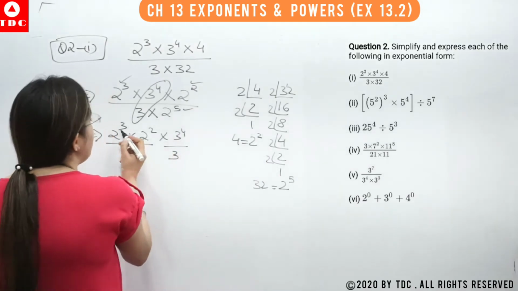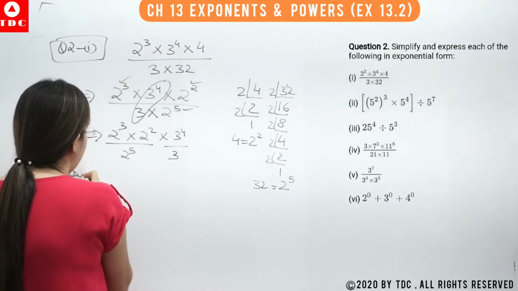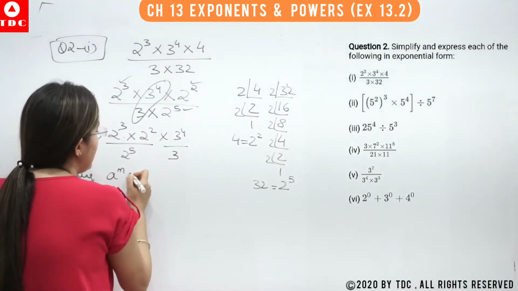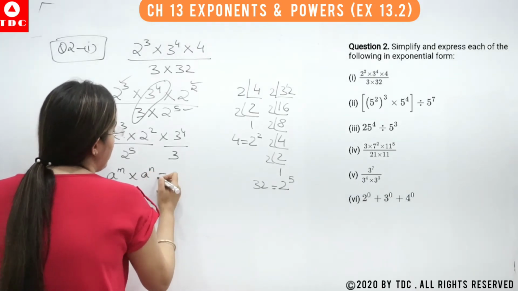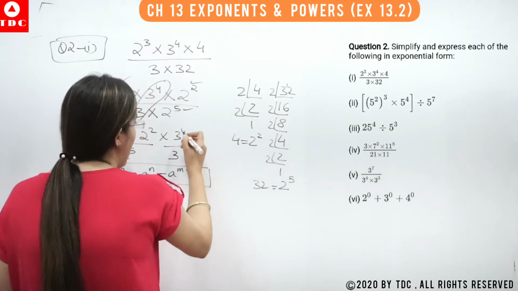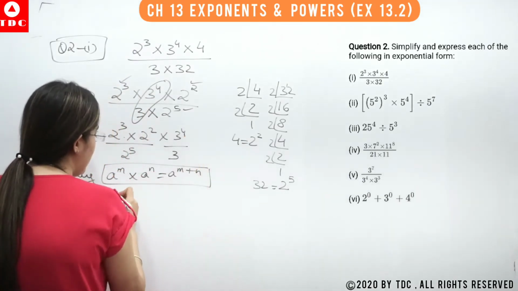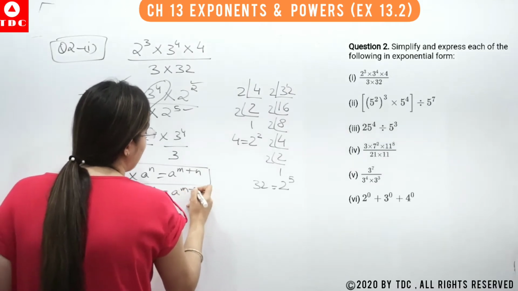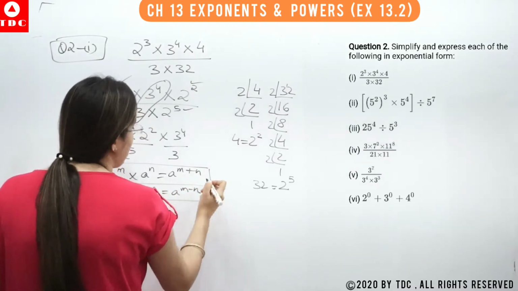So here what law can we apply? In this we can apply a to the power m into a to the power n will give us a to the power m plus n. And in this we can apply a to the power m divided by a to the power n will give us a to the power m minus n.